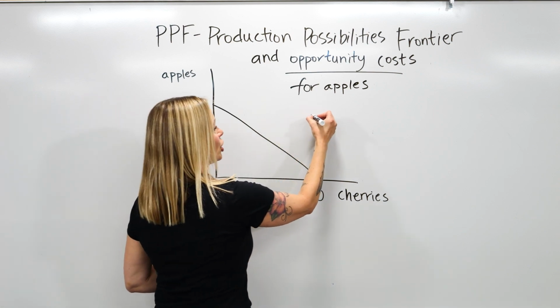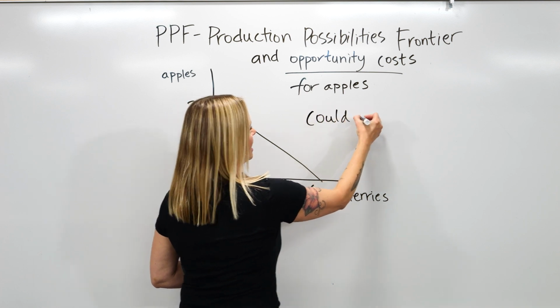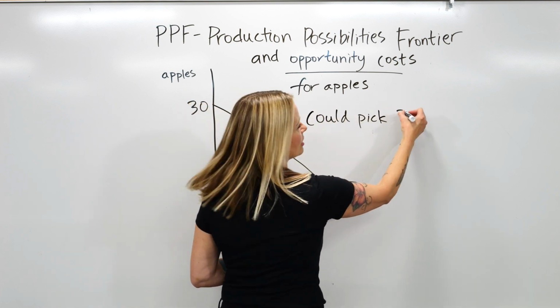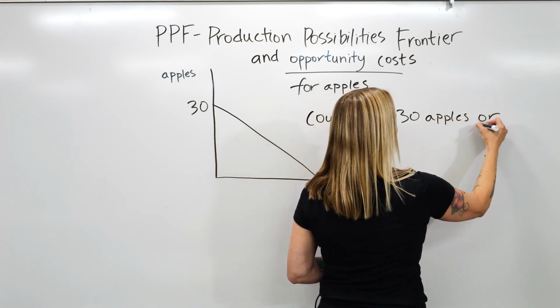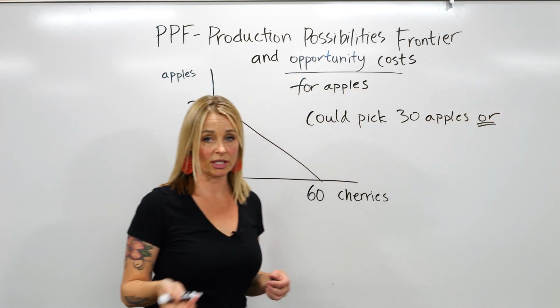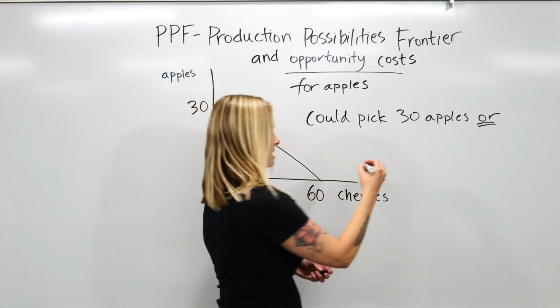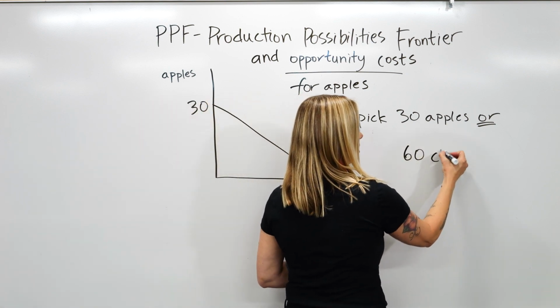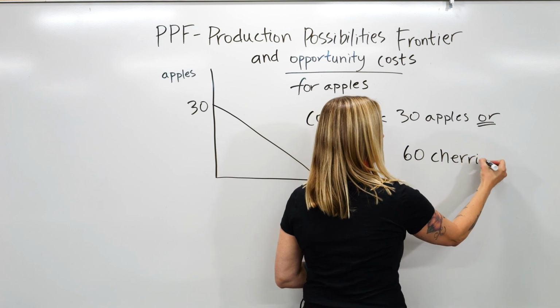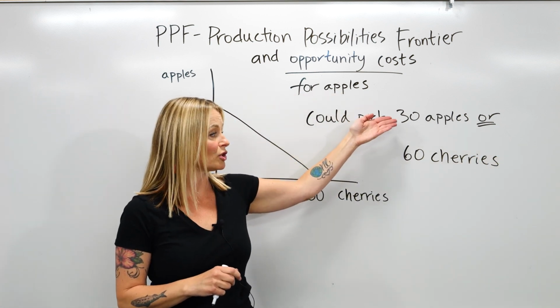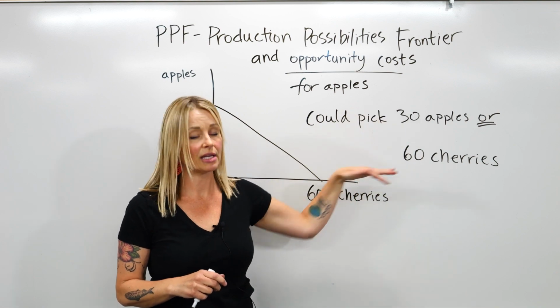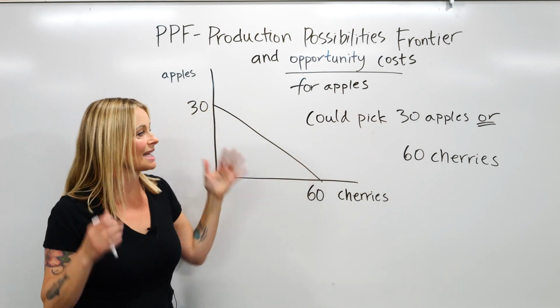So we know that we could pick 30 apples, or if we chose to spend our time on the cherries, we could pick 60 cherries. If we wanted to pick 30 apples, we would be giving up 60 cherries. But for the opportunity cost, we want to get it down to 1.